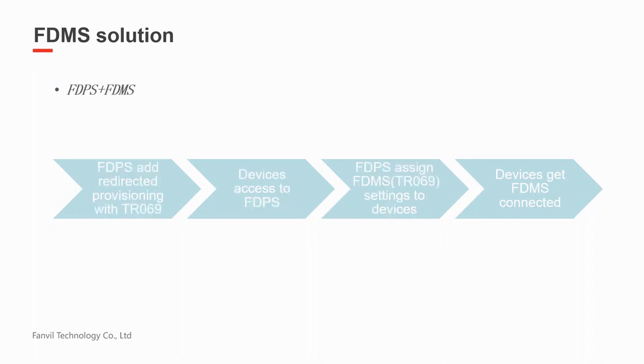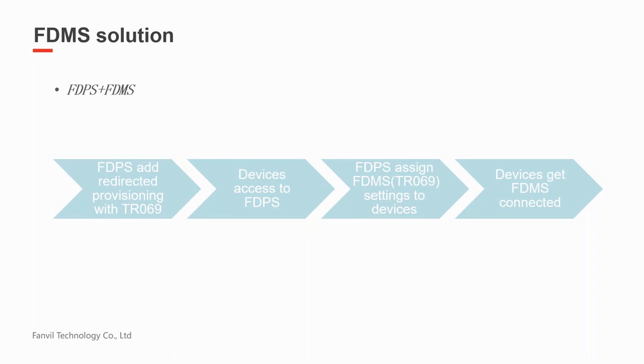The second one is more popular, which means we can use FTPS plus FDMS to do zero-touch provisioning and connect the devices to FDMS. First, we set up FTPS to add the redirected provisioning information about the FDMS server.